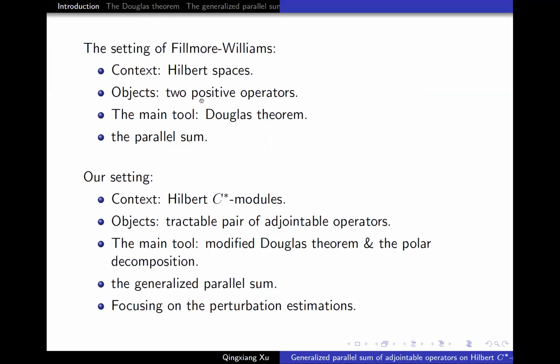And the second one, they consider two positive operators, and now we consider a tractable pair of adjointable operators. I also want to mention that these objects also are a generalization of those objects. The main tool in their setting is the Douglas theorem. And in our setting, we use two tools. First is the Douglas theorem, but somehow it's different, so we call it the modified Douglas theorem. And we also use the well-known factorization, which is the polar decomposition.